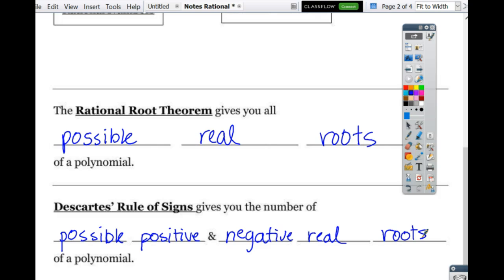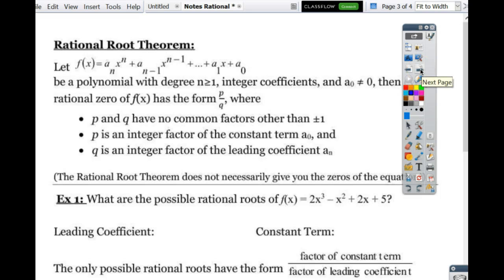So the rational root theorem is going to give you the possible real roots, and the rule of signs is going to give you the number of positive and negative.